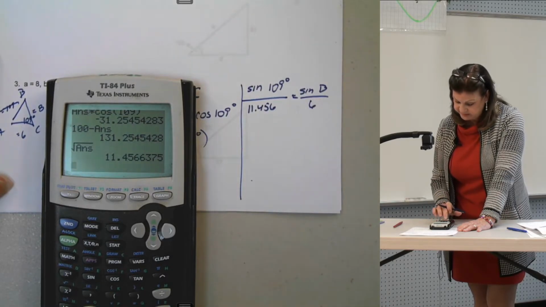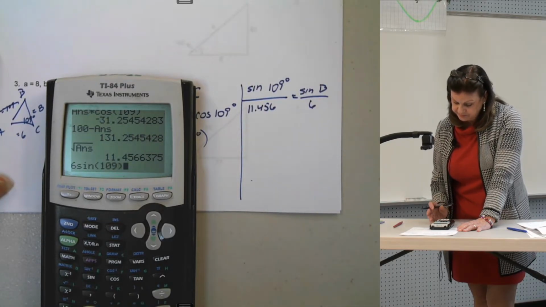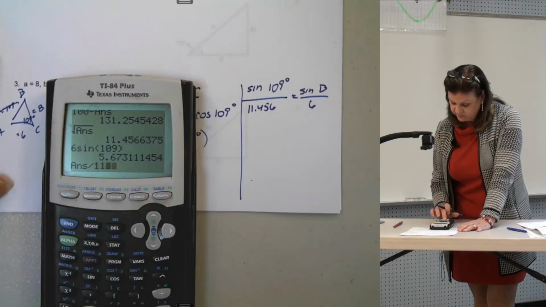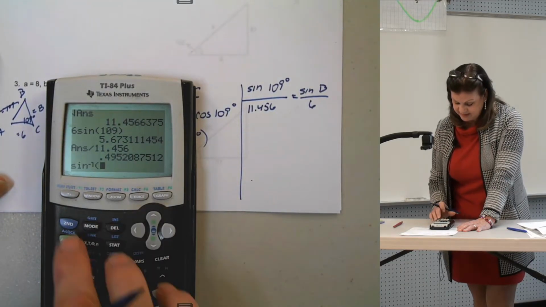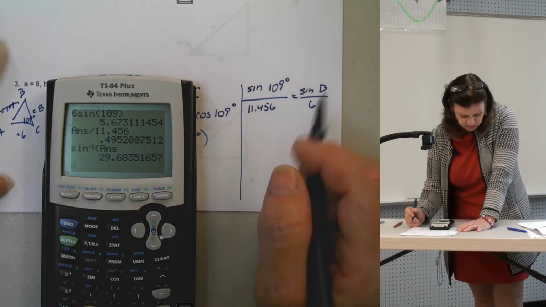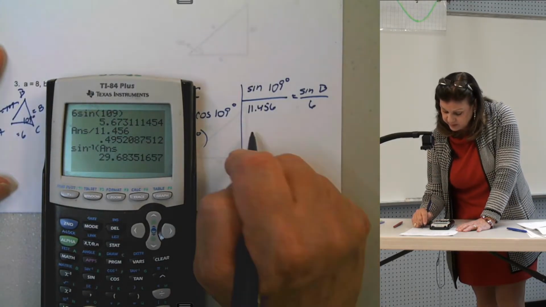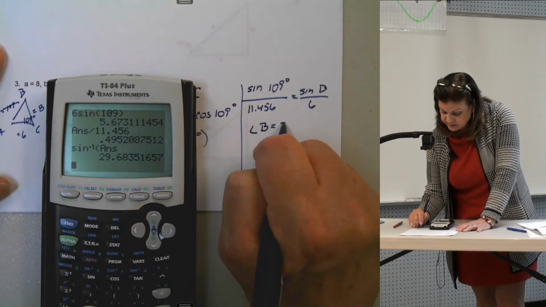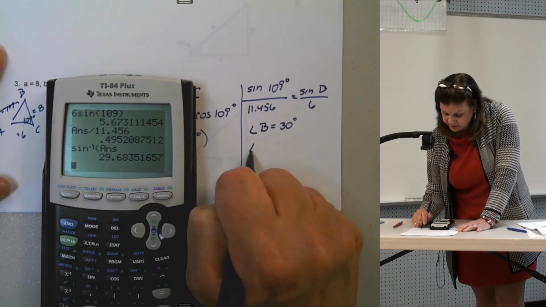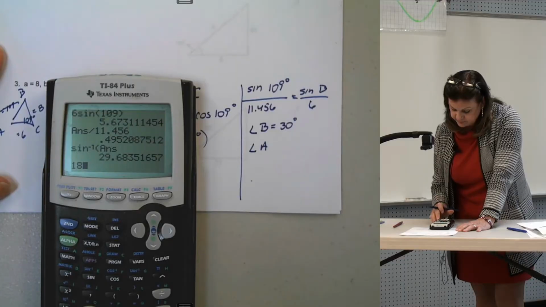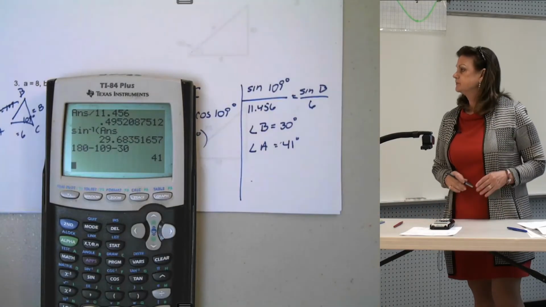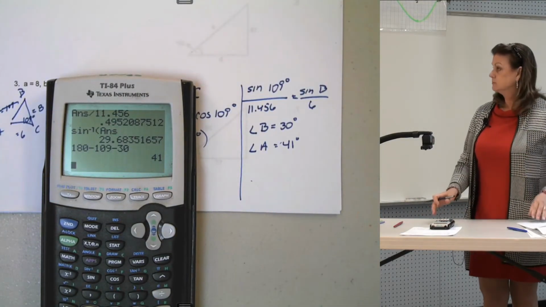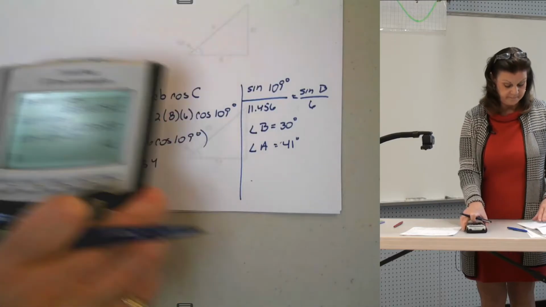So we have 6 sine 109 divided by 11.456. And what angle has that sine? So we have angle B is 30 degrees, which makes angle A 41 degrees. Okay, let's move on.